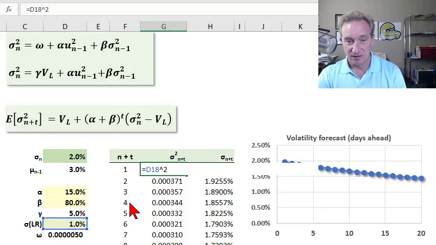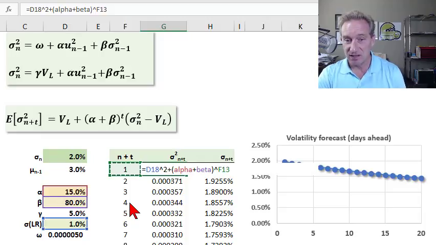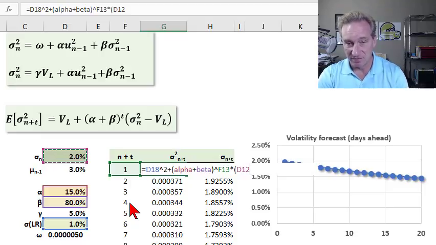That's going to be the volatility level to which we're reverting, the long run volatility squared, and I'm going to add the rate of persistence, which is alpha plus beta, but I'm raising that to the t-th power, the number of days forward, and I'm multiplying that by the difference between our current estimate of the variance, and so I need to square that, and then I'm subtracting the long run volatility again, and using this variable again, squared.